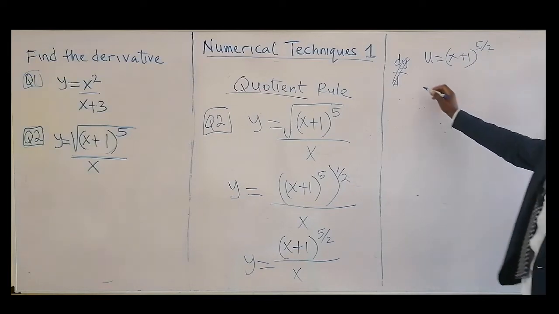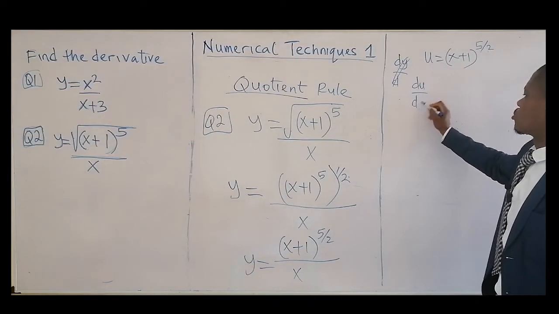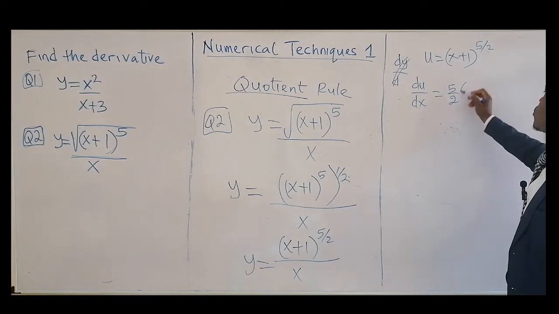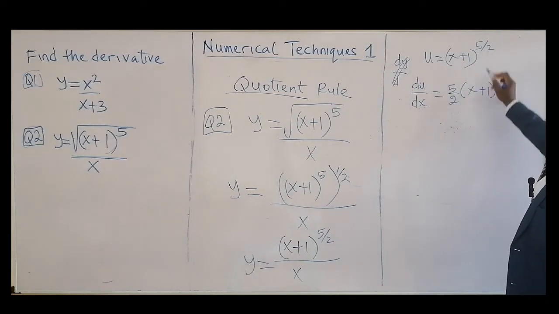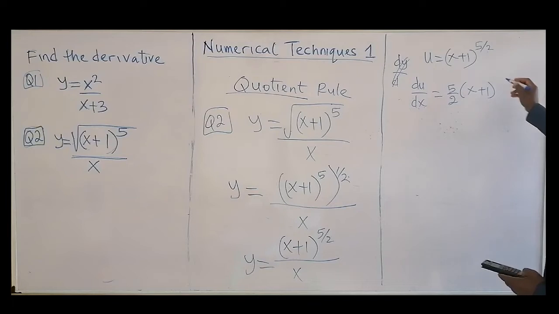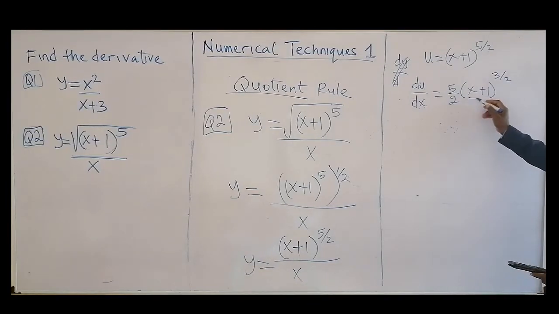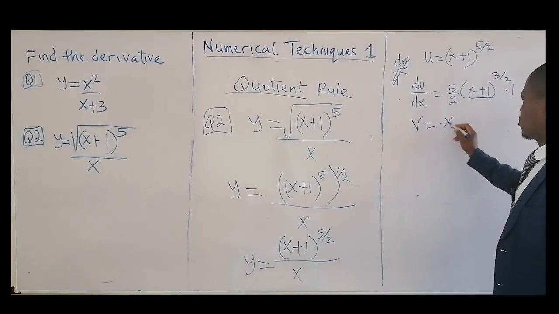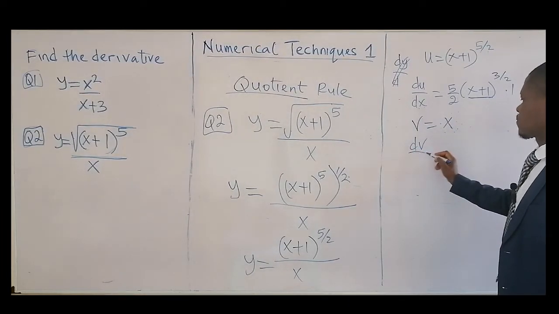The du/dx will be equal to 5 over 2 going to the front, times x plus 1 to the power 5 over 2 minus 1, which is 3 over 2, times the derivative of the base, which is 1. Then v, in this case, is the denominator, x.